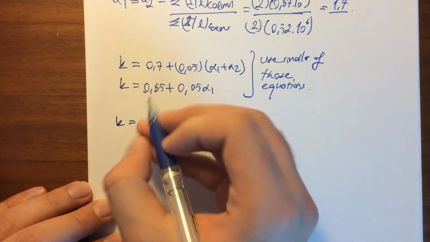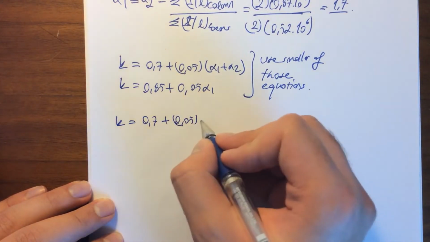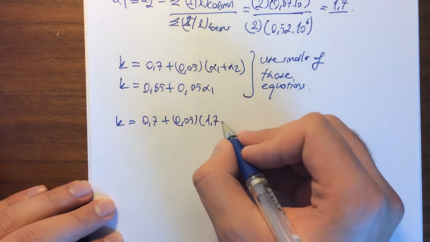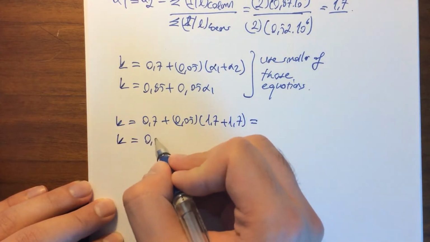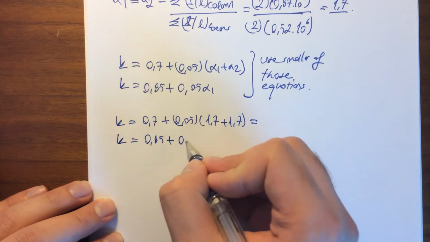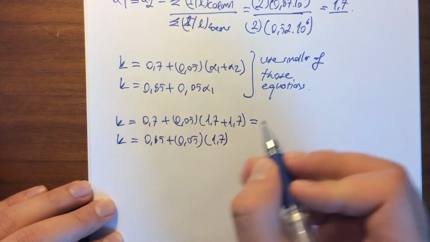So the k becomes 0.7 plus 0.05 times 1.7 plus 1.7, and the second one becomes 0.85 plus 0.05 times 1.7.